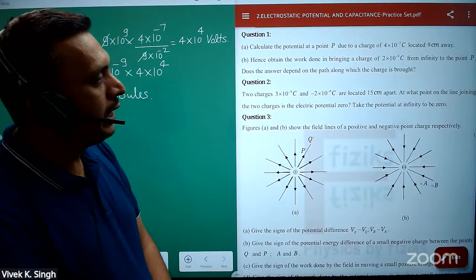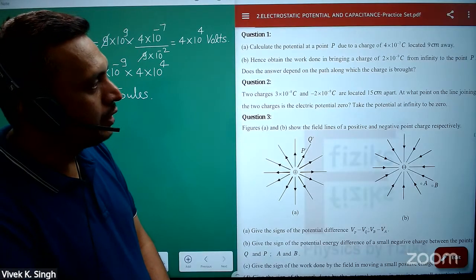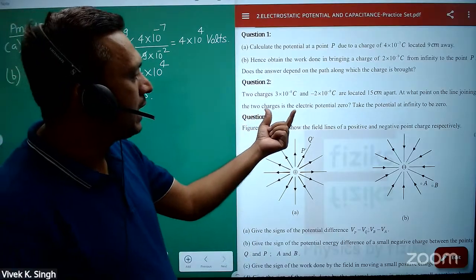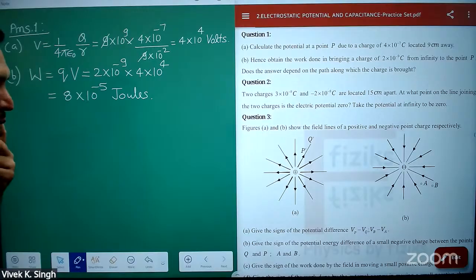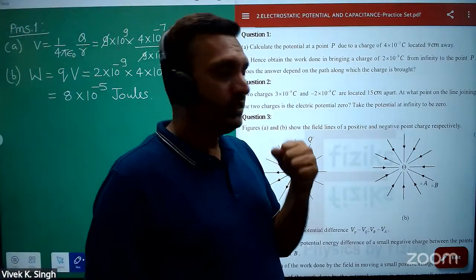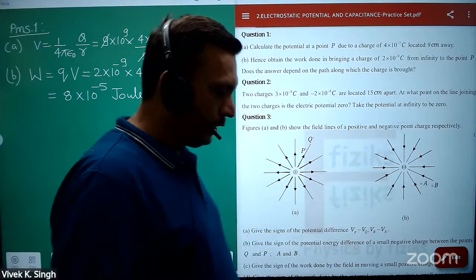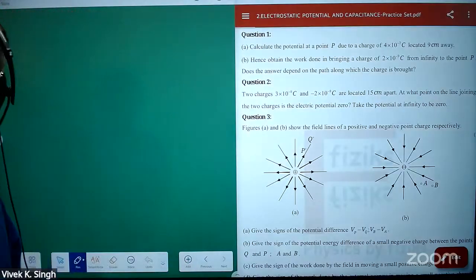At what point on the line joining the two charges is the electric potential 0? Take the potential at infinity to be 0. Let's check it. Try to solve.